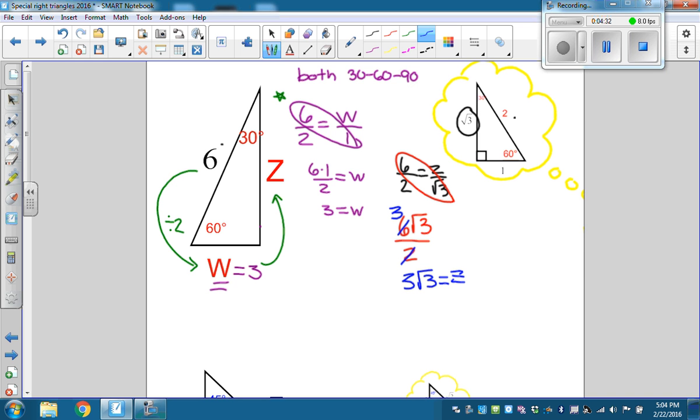And if you look at this pattern, to get from the short leg to the long leg, you're really just multiplying by the square root of 3. 1 times the square root of 3 is the square root of 3. I'm taking W, which is 3, times the square root of 3, and I get 3 square roots of 3. So I can get there with ratio and proportion, and I can get there by just multiplying by the square root of 3.